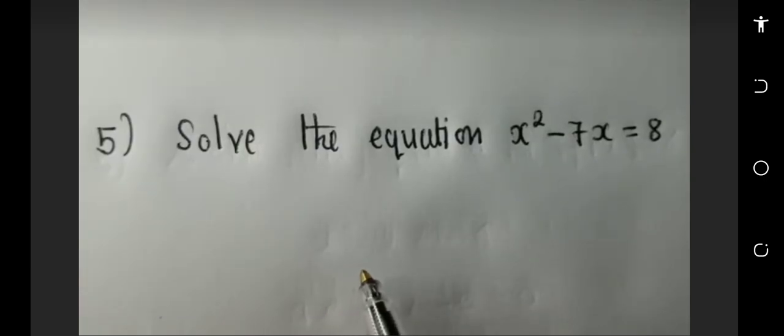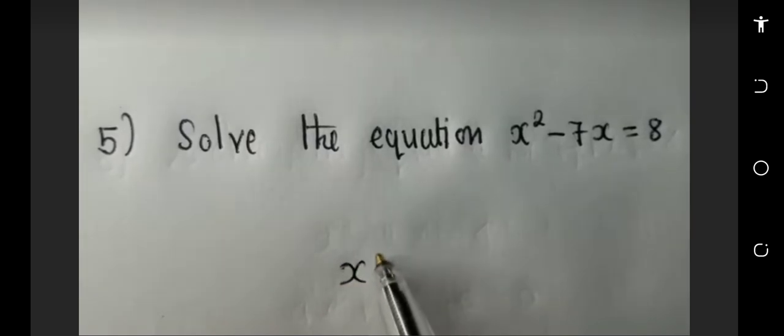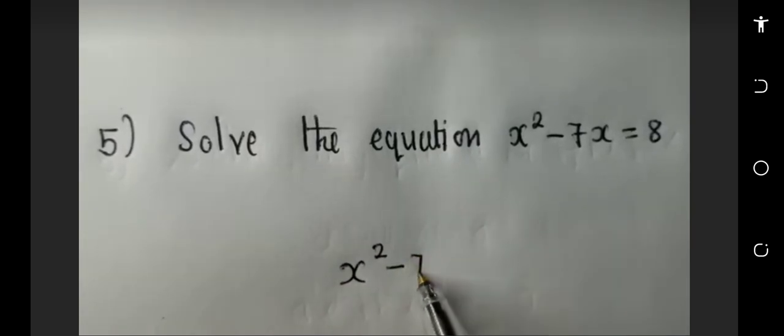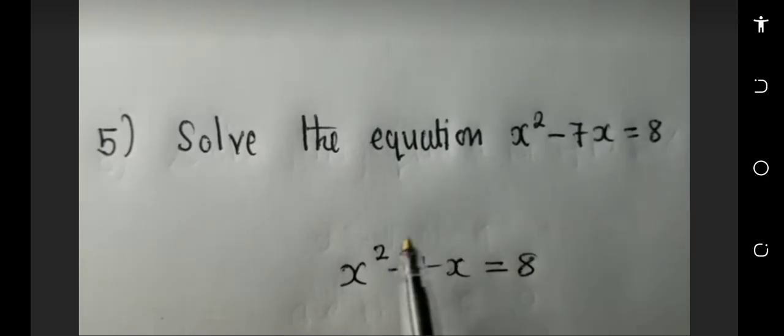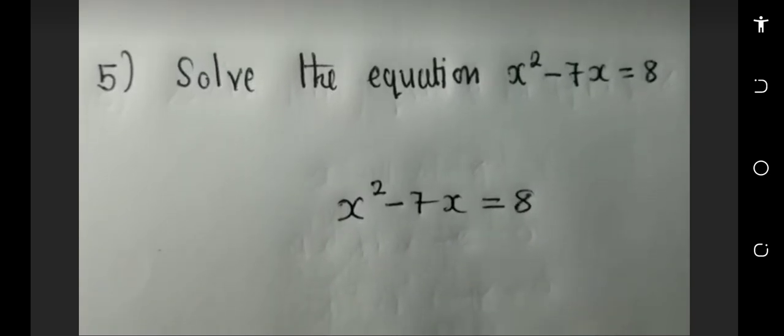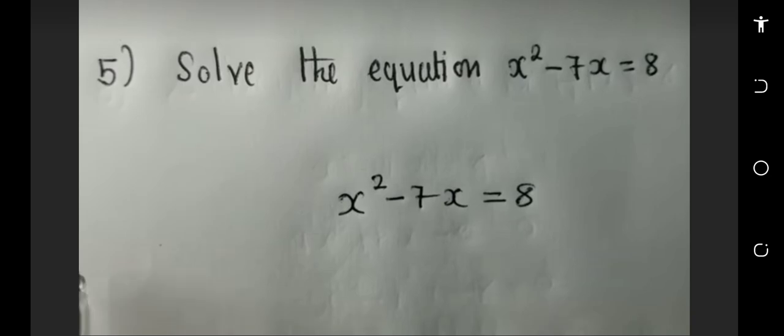We go to the next question. For question 5 here, we need to solve the given equation, which is x power 2 minus 7x is equal to 8. And let's check, is this equation in standard form? No, it's not. So let's write the standard form here.